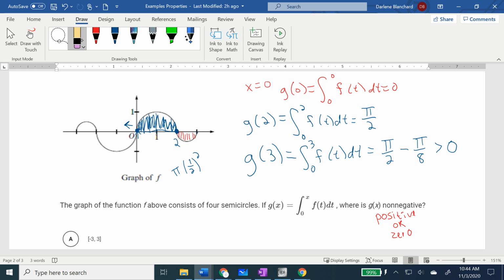So another way to look at it also would be to flat out just say, all right, what is g of negative 2? G of negative 2 is the integral from 0 to negative 2, which is the wrong order.